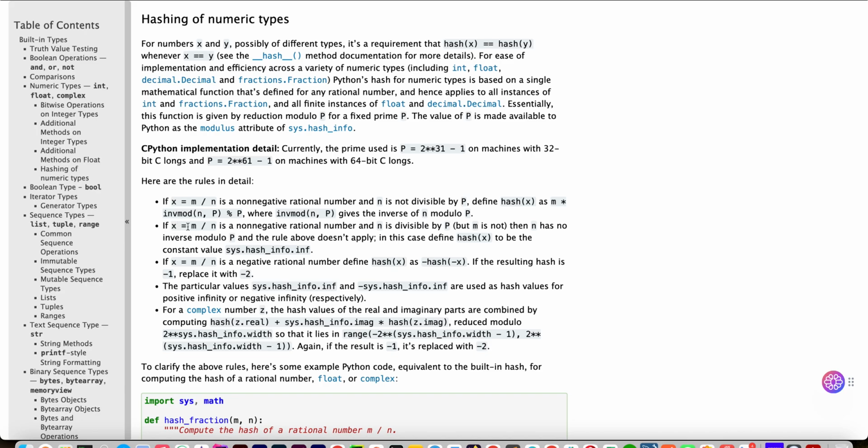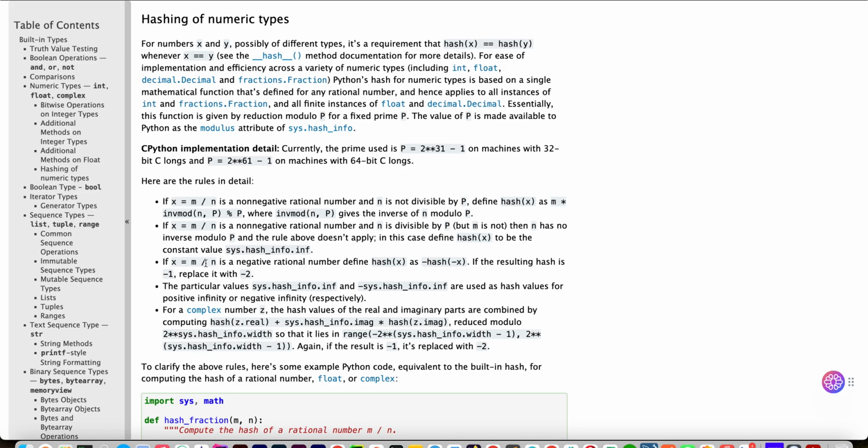If x is equal to m/n is a non-negative rational number and n is divisible by P but m is not, then n has no inverse modulo P and the rule above doesn't apply. In this case, define hash(x) to be the constant value sys.hash_info.inf.